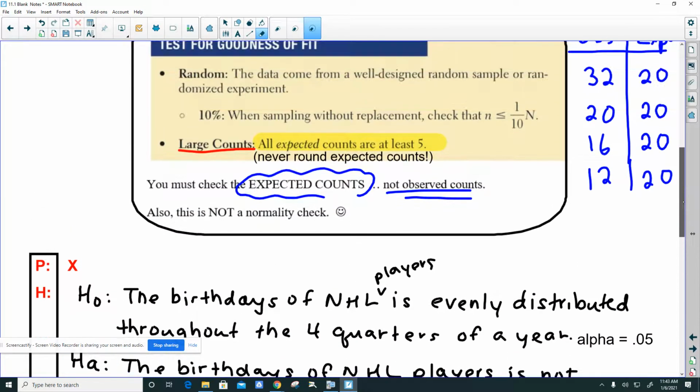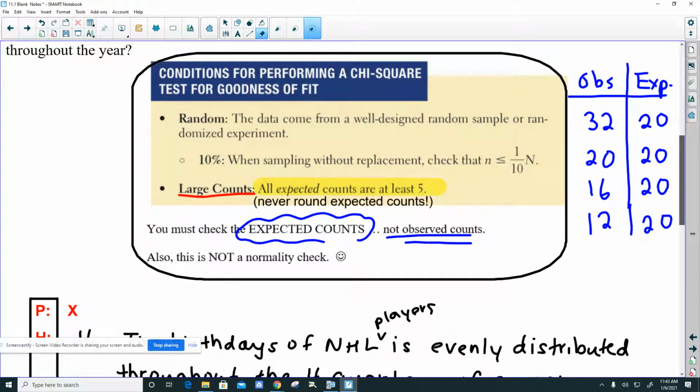And what I'd like to show you here today is how you can use the goodness of fit test on your calculator to run these problems. So from the previous page, I'm going to grab these observed counts that you see here.